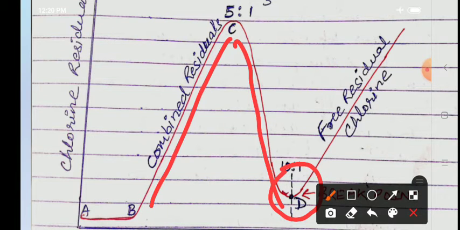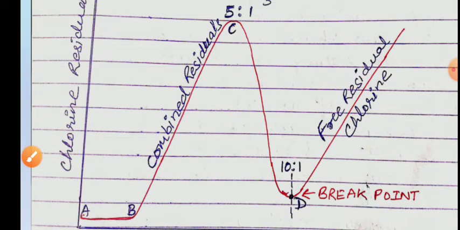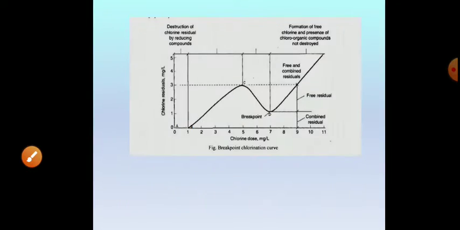At this point, the ratio of chlorine to ammonia nitrogen is 8 to 10:1. This point is called D, and it is the break point. Why? Because any chlorine added beyond D will break through the water, and it will remain in water as free residual chlorine. Okay. So that is chlorine demand.